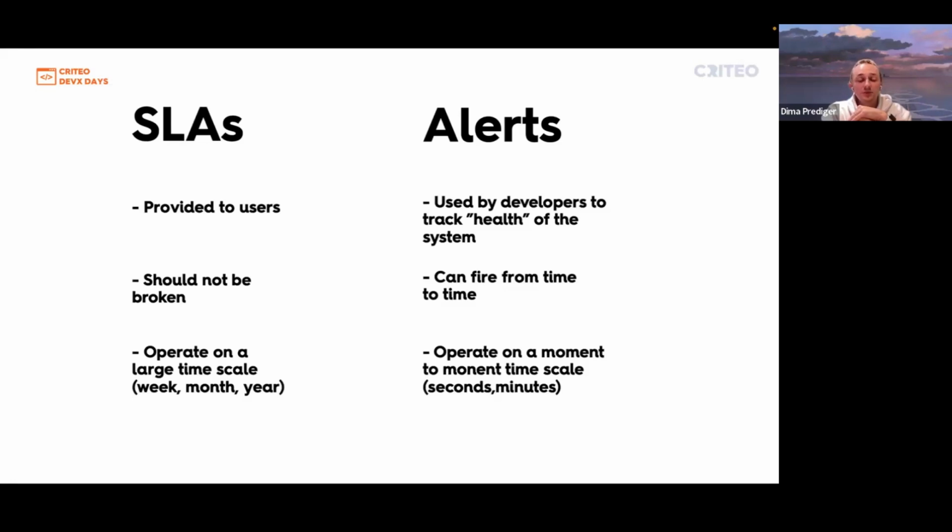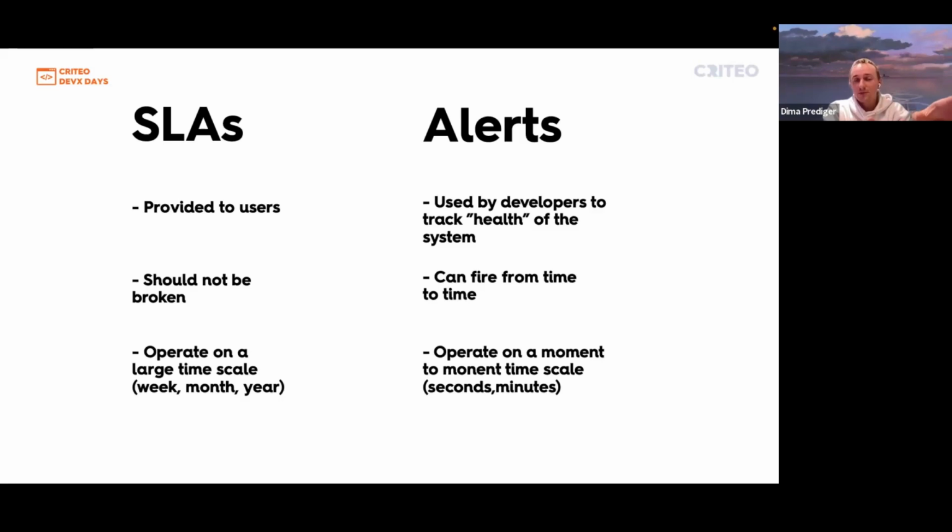A good example of that would be Slack's SLAs. They provide availability of 99.99% uptime, which means they can afford to have downtime for about 1 hour per year. And if they do break it, they are bound to some form of repercussion. I believe they pay back or give you bonuses if you have a business account there.